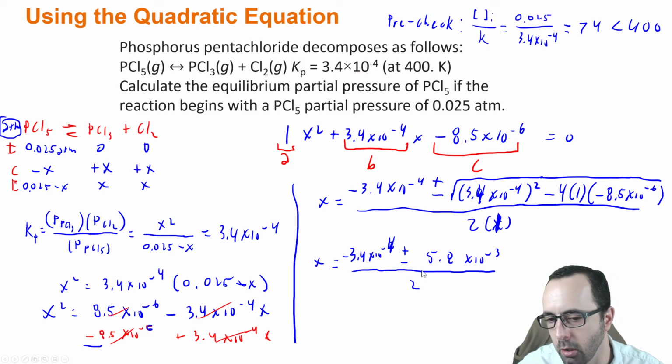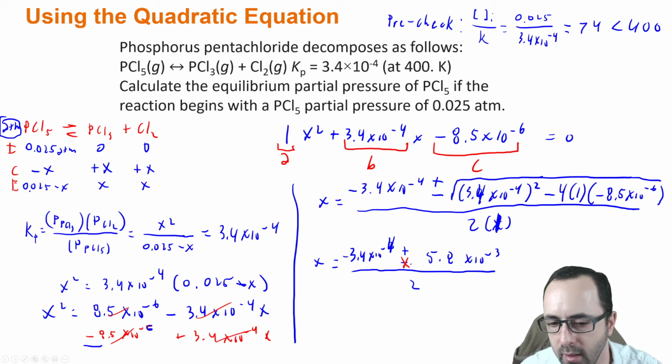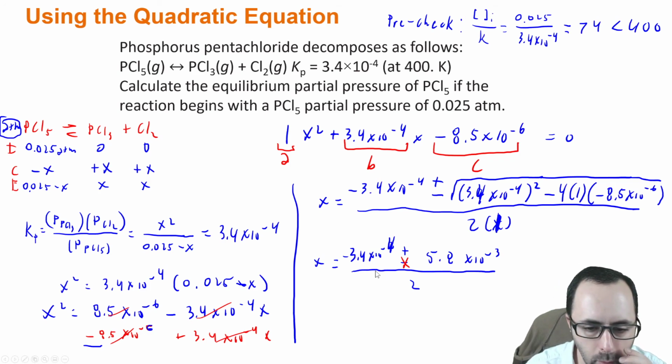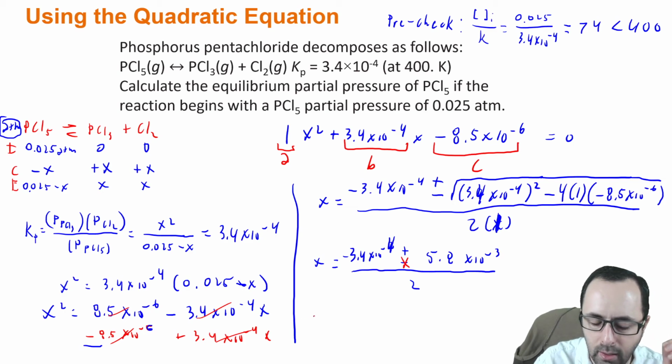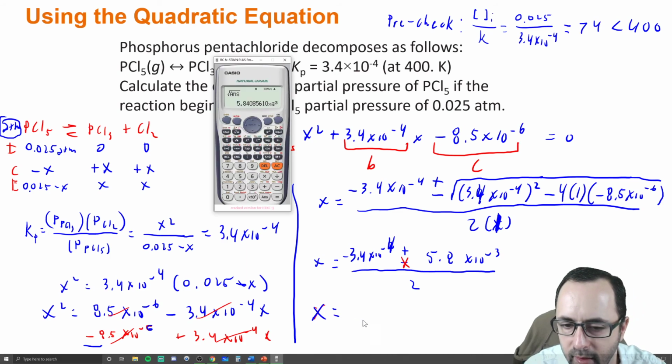Okay, so now we can see here that if we do the subtraction, we're going to get a negative number. So we can basically ignore the subtraction part, and we're only going to do the addition, because if we subtract, we're going to get something negative. A negative x doesn't make sense, so we can just do the positive. And so now x equals, let's add these.